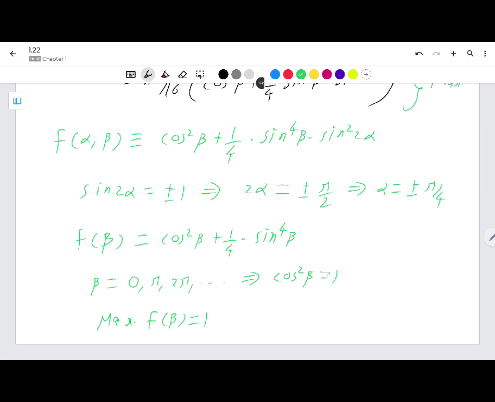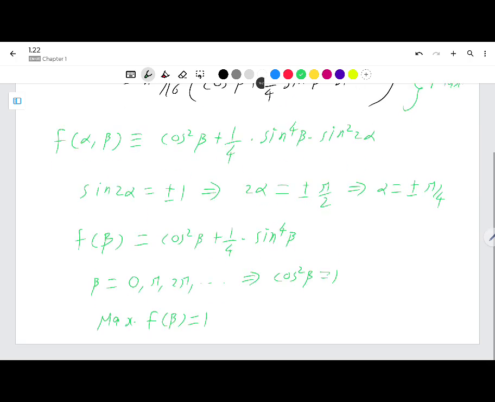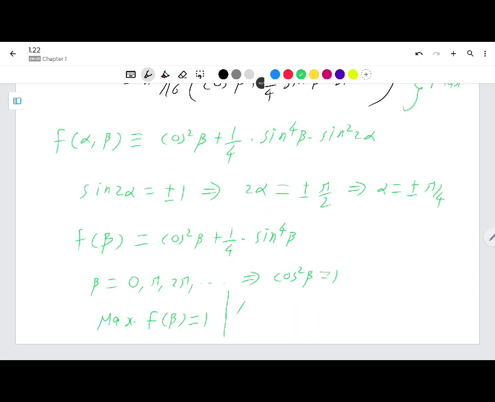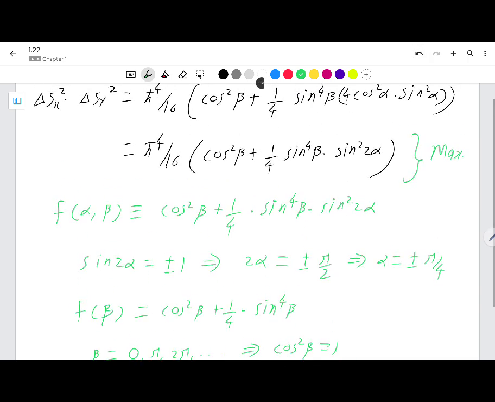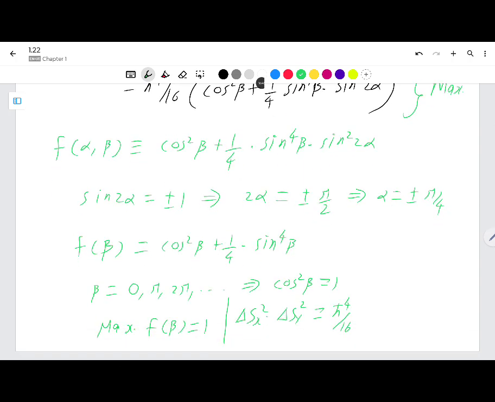Okay, so we have the maximum values. So finally, delta Sx square times delta Sy square is h bar to the 4 over 16, cos square beta is 1, so this is just 1, where we have the values like this.